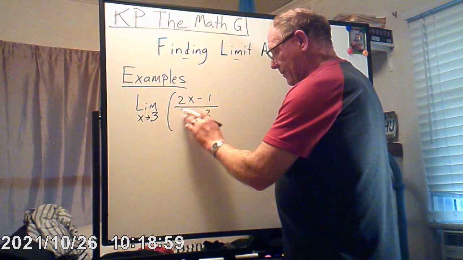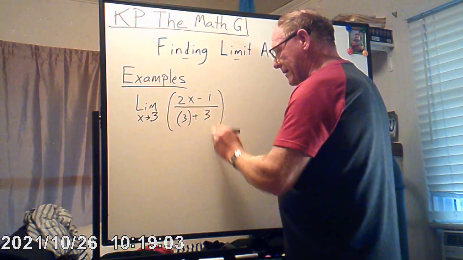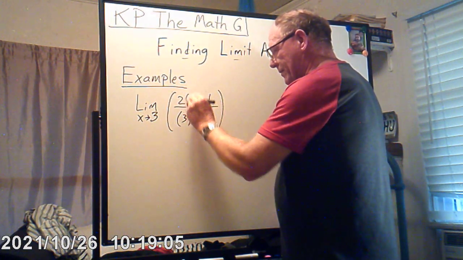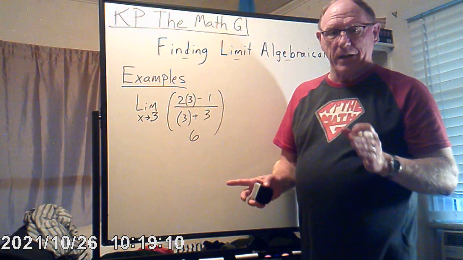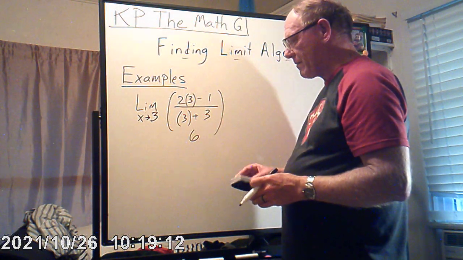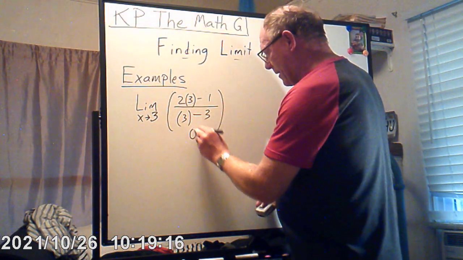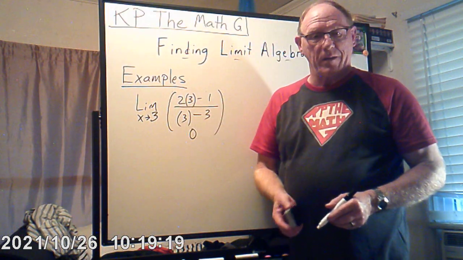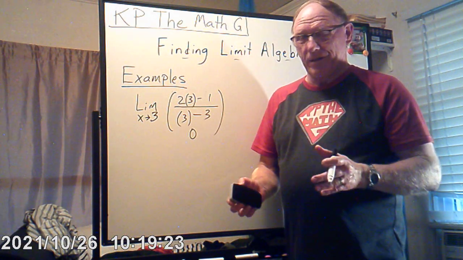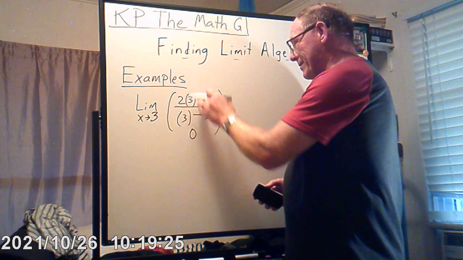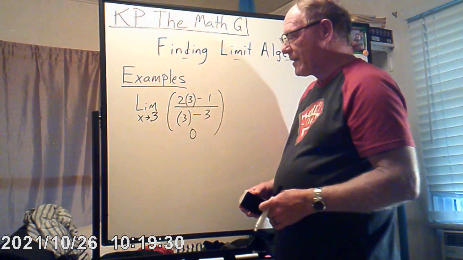Now again, we're just going to put that 3 in there. 3 plus 3 is 6. Our denominator is 6. We have to be very careful that our denominator is not 0. Had this been a minus 3, this would have been 0, and you know what happens if your denominator is 0. Surely in calculus you know that if you get 0 in your denominator, it's either indeterminate or undefined.